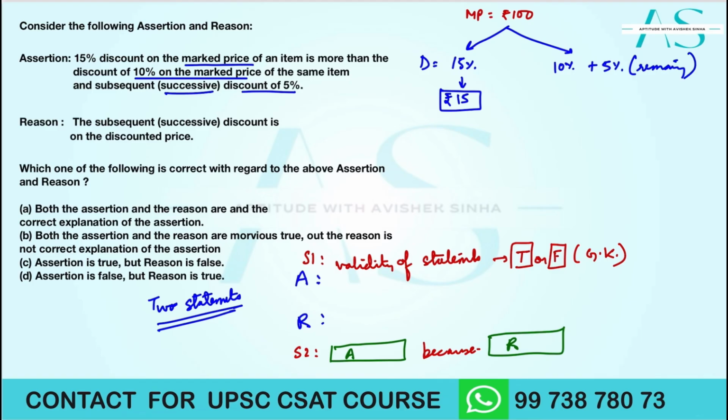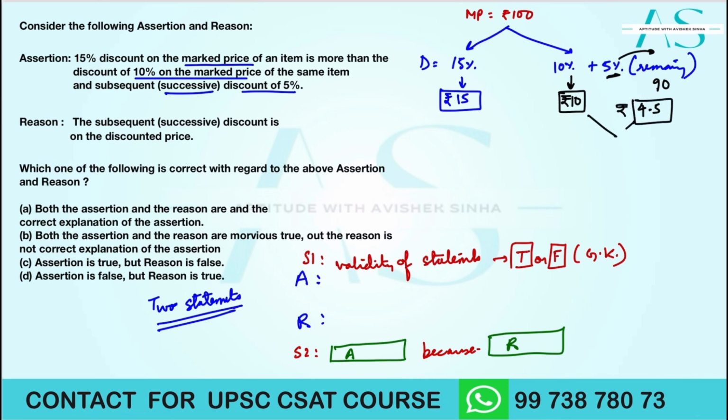तो इसको ज़रा quickly solve करते हैं. 10% of 100 is 10, so the remaining amount is actually 90. यहाँ पे ₹10 discount हो गया. Then 5% would be charged on the remaining amount, which is ₹90. 5% of 90 is ₹4.5.